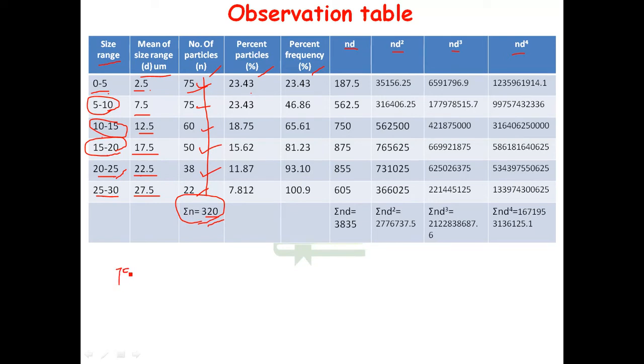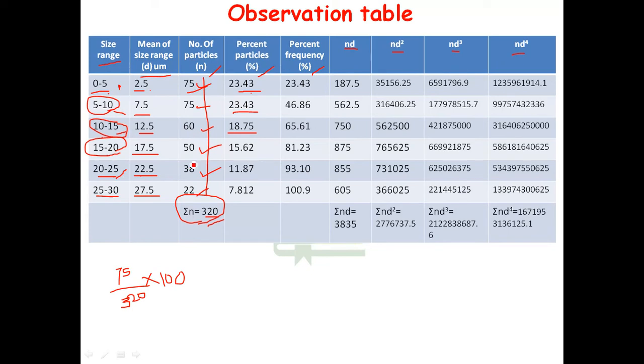That means 75 divided by 320 into 100. So the percent of particles in the size range 0 to 5 was 23.43. For 5 to 10, it was 23.43. For 10 to 15, it was 18.75. These values are based on the number of particles.